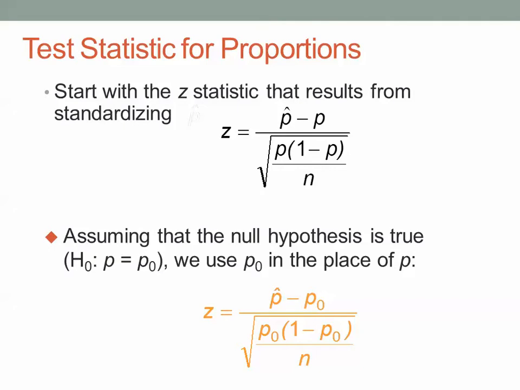Now think for a minute, what is the mean of that normal curve? It's P sub 0. That is what we have assumed to be true. And the z-statistic is on that normal curve with a mean at P sub 0.